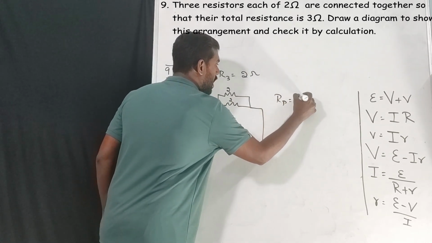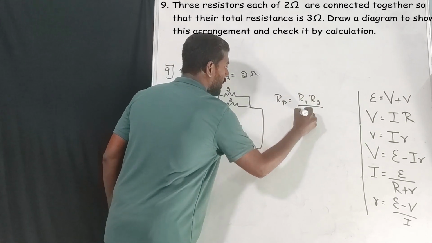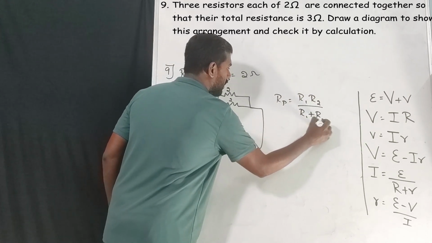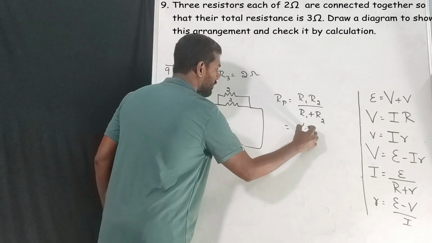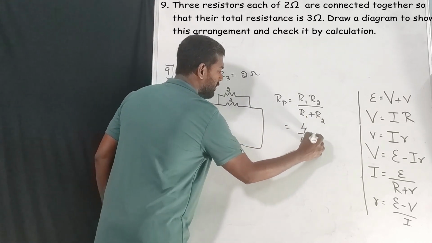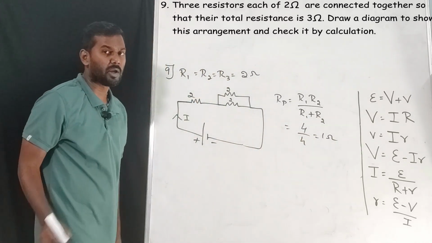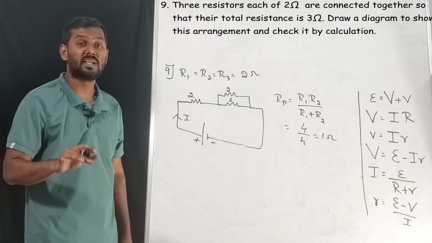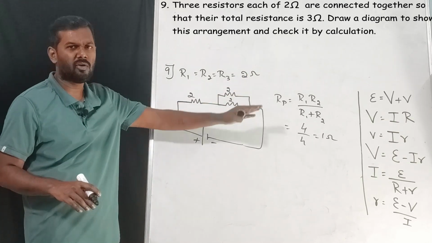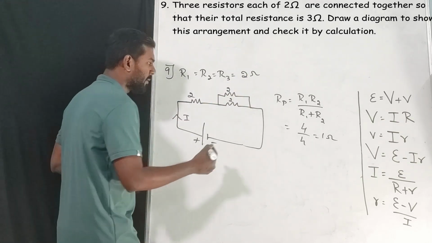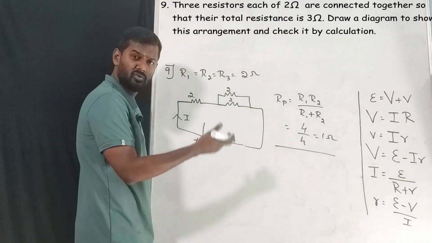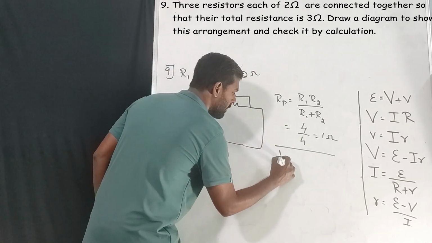RP is equal to R1 R2 by R1 plus R2. So R1 into R2 will be 4. R1 plus R2 will also be 4. That will be equal to 1 ohm. You can go for the normal formula which is there in the textbook also. You can follow anything which is easier for you. I'll teach you that school method formula also.